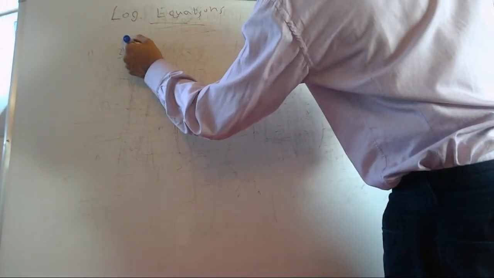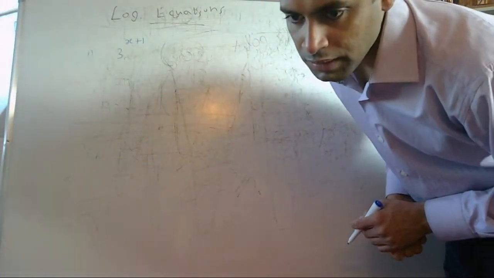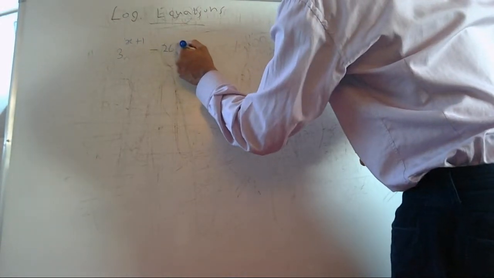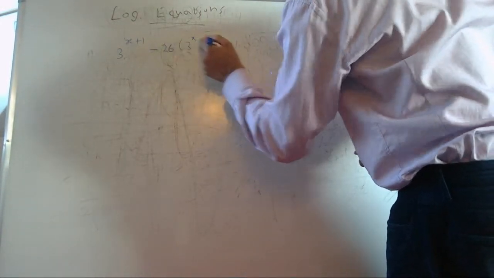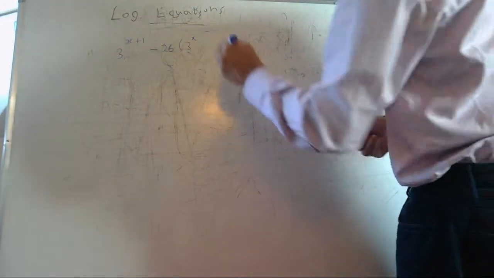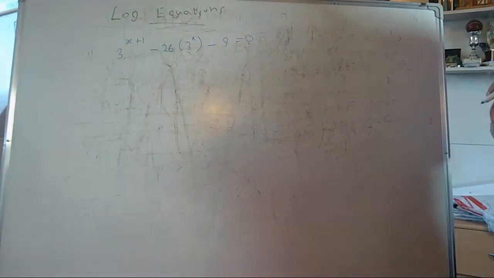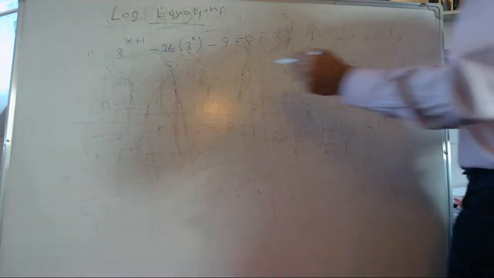So let's say I have 3 to the x plus 1, minus 26, 3 to the x, and then minus 9 equal to 0. Okay, so what we do here, let's break this up.